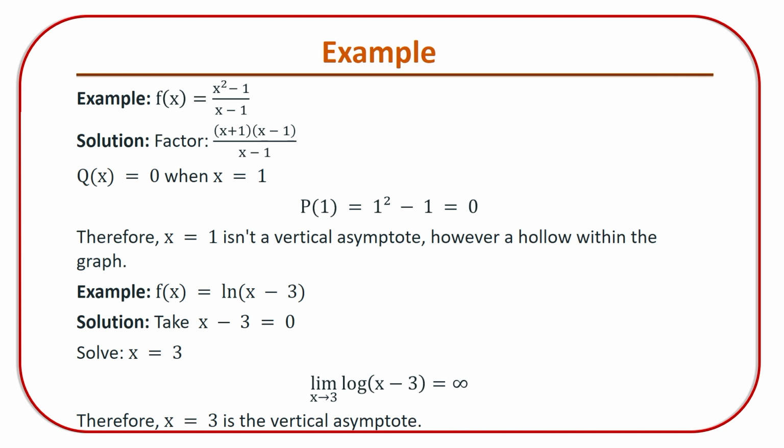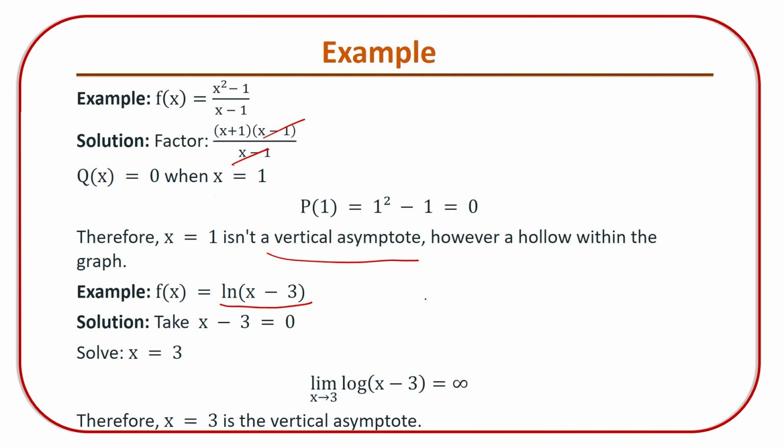Similarly, if I want to find this one, we put in the value x square minus 1, so this will cancel out, and when x equal to 1, we have 0 here, p of 1 equal to 0. Therefore x equal to 1 is not a vertical asymptote, however a hole within the graph may exist, right? Similarly, f of x equal to natural logarithm of (x minus 3).